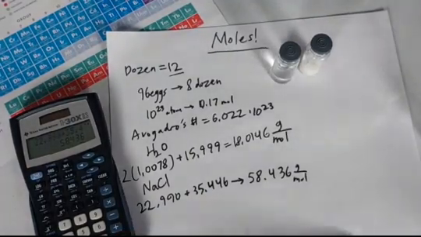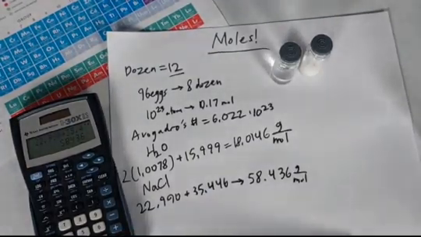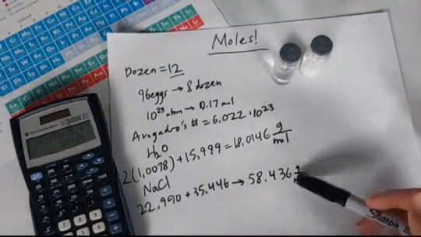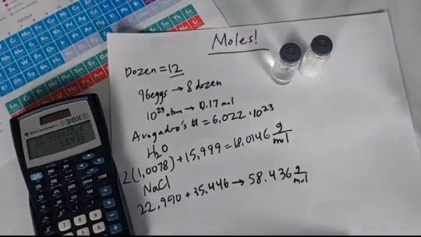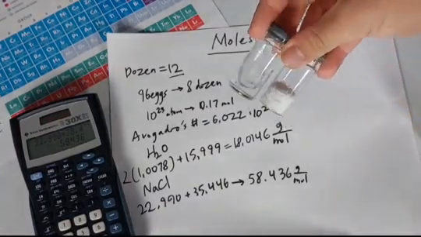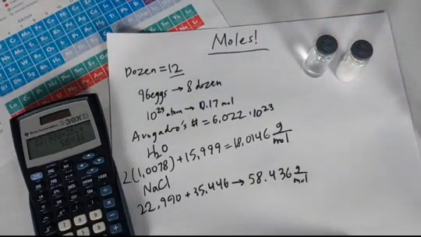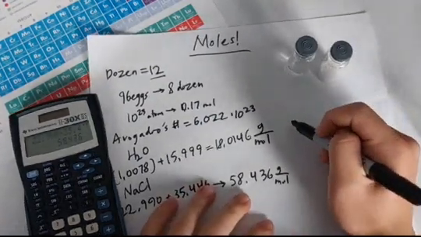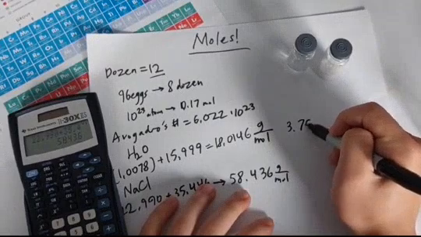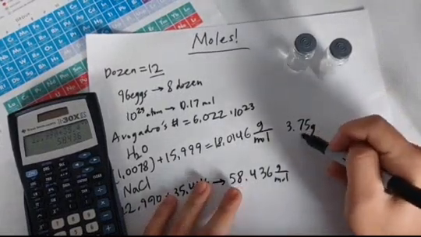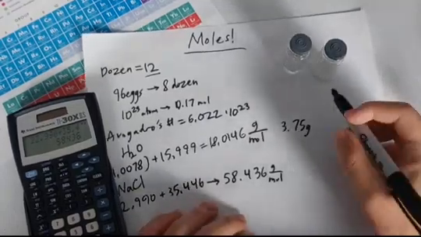Now to convert moles to mass or vice versa, all you need to do is multiply or divide by the appropriate molar mass. So both of these samples are 3.75 grams of each substance. So let's calculate how many moles are in each. So we have 3.75 grams of water. This is 3 sig figs. My scale can't go farther than that.